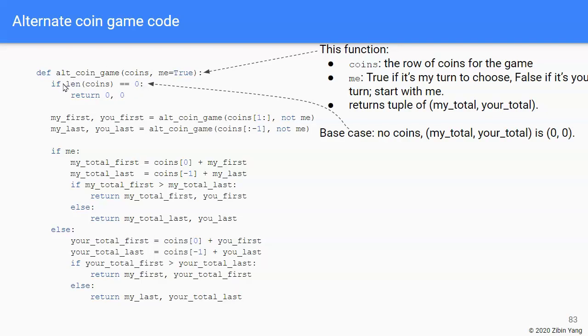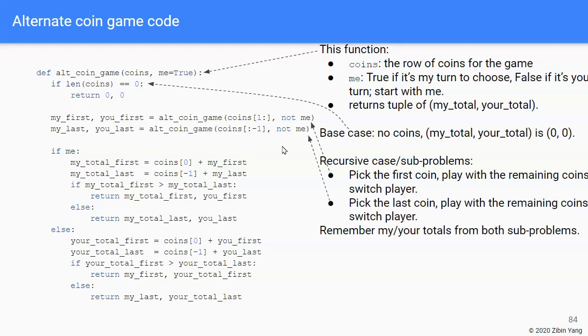To get us started, remember our base case is there is no coin. So if the length of coins is 0, then my total is 0 and your total is 0. Next is the recursive case, or the subproblems. We know we have two options.